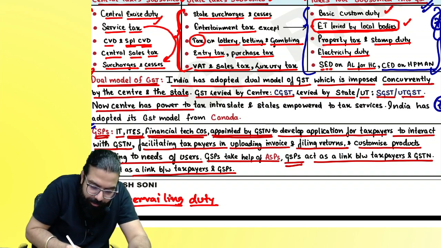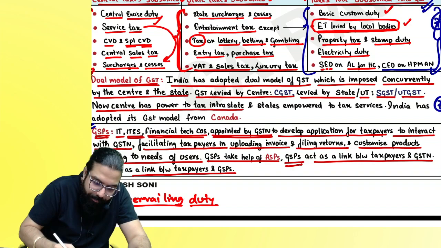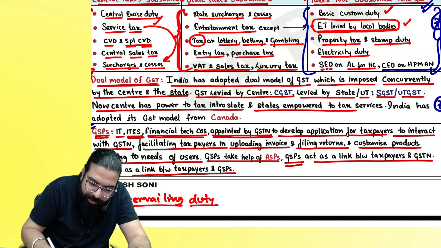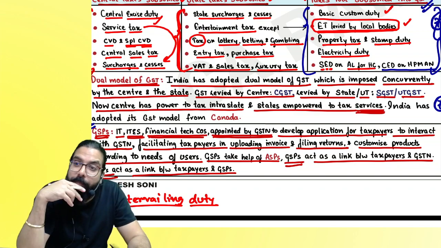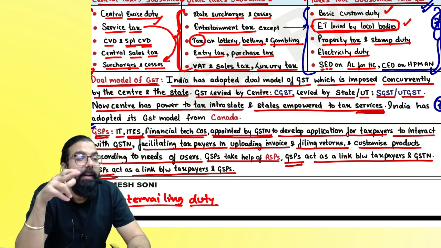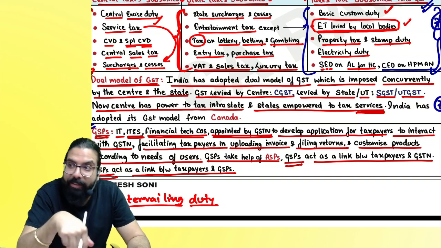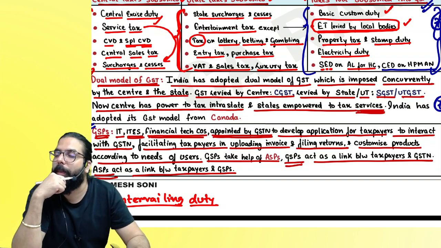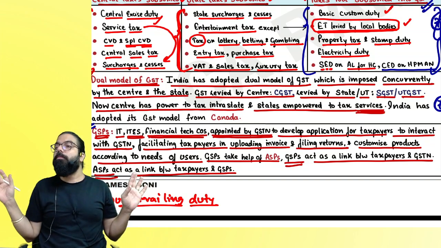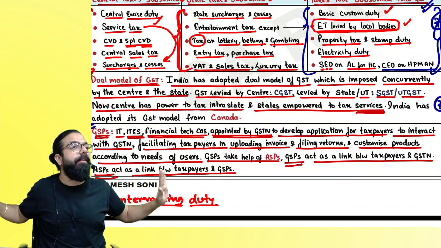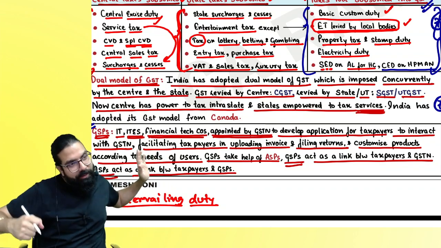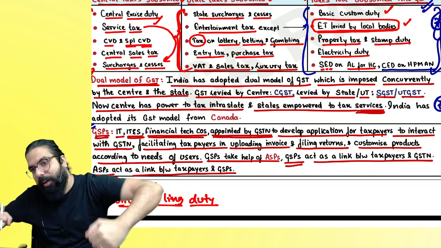Now, the center has the power to charge tax on goods and the state has the power to charge tax on services. Earlier on services, only service tax was charged by whom? Central government. And within the intrastate transaction, VAT was charged by whom? State government. But now, on any transaction, central government will charge CGST, state government will charge SGST.